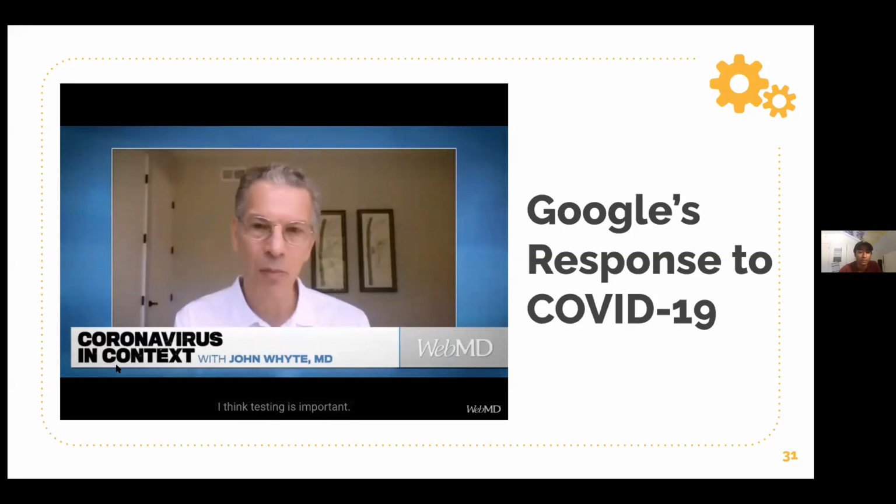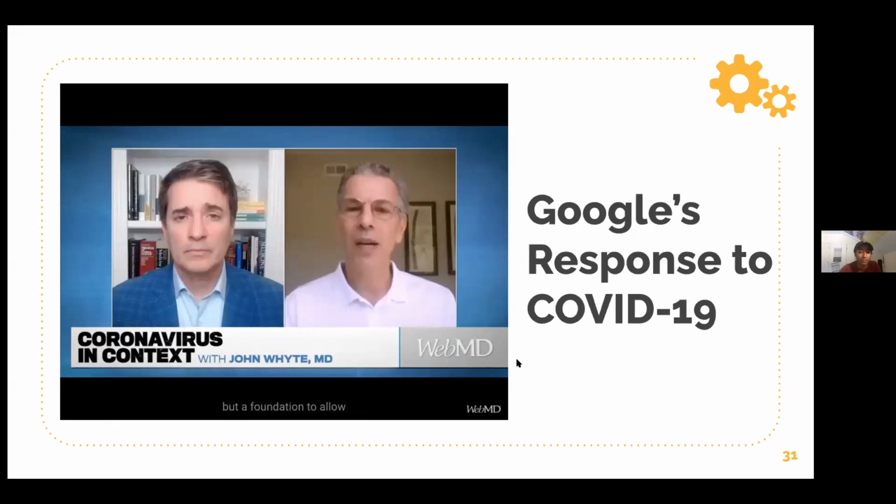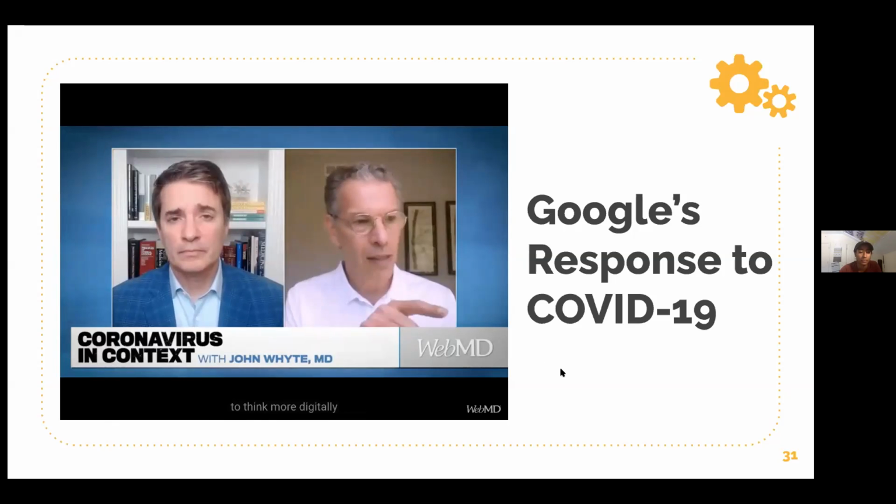I think testing is important. That's why we launched all the locations where testing is. It's going to be key to figure out, do these antibodies work? Are they protective, et cetera? The same with the medication. So not that this is a silver bullet, but a foundation to allow public health folks to think more digitally about contact tracing.